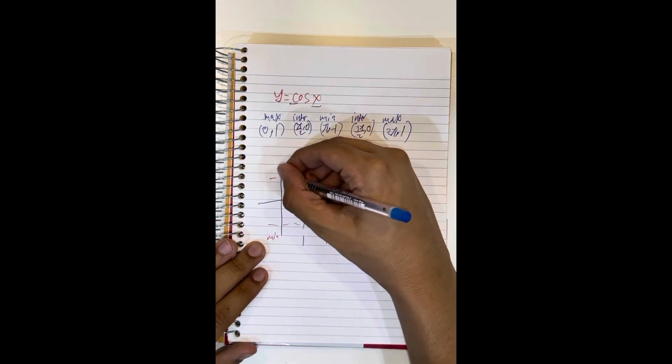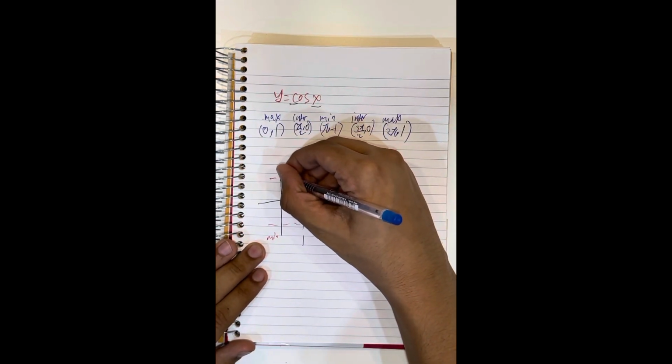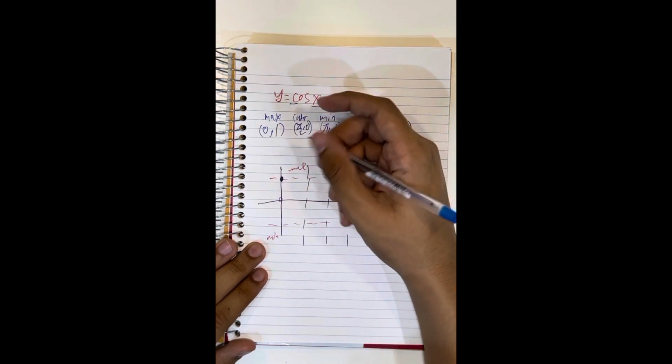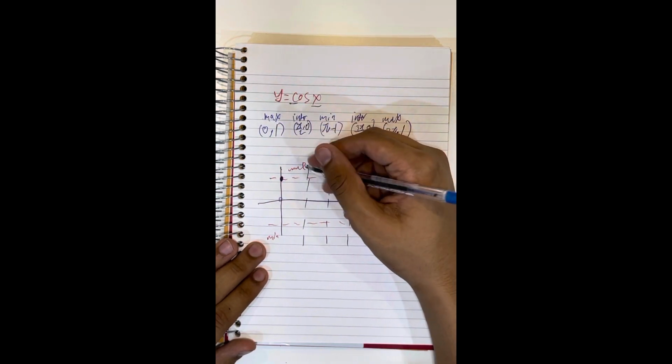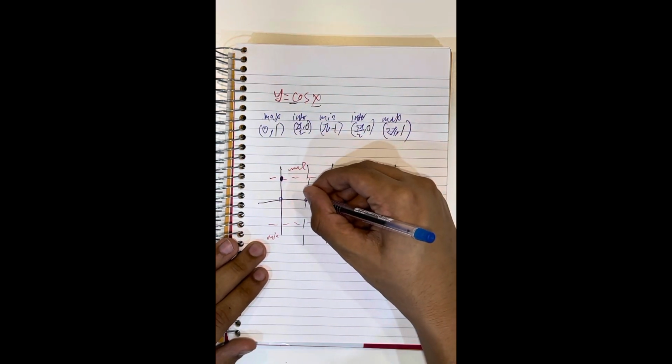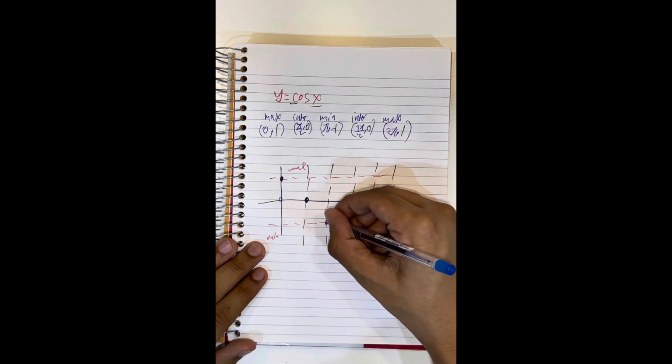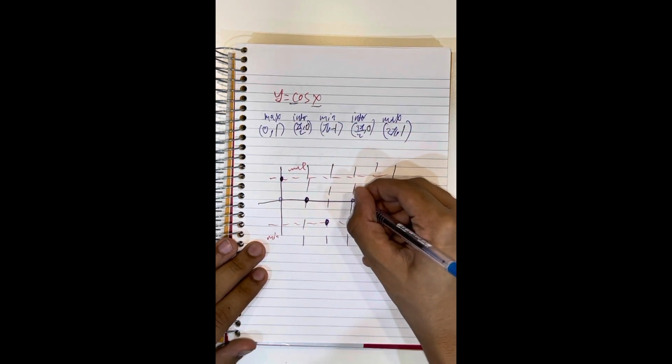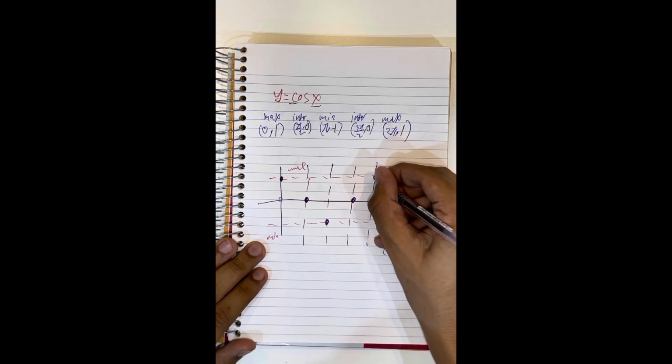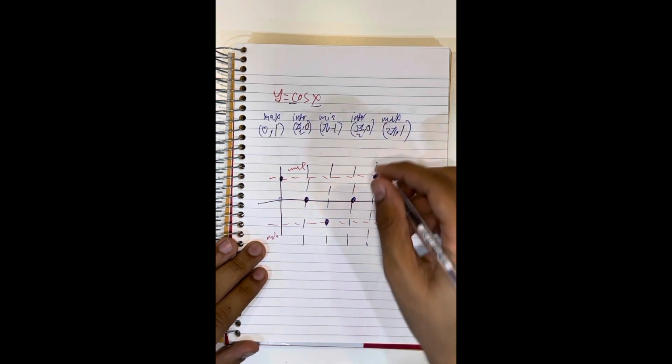We're going to start with the maximum. It's going to be in here. We didn't start from the middle like the sine one. So the intercept, minimum, intercept, and maximum.